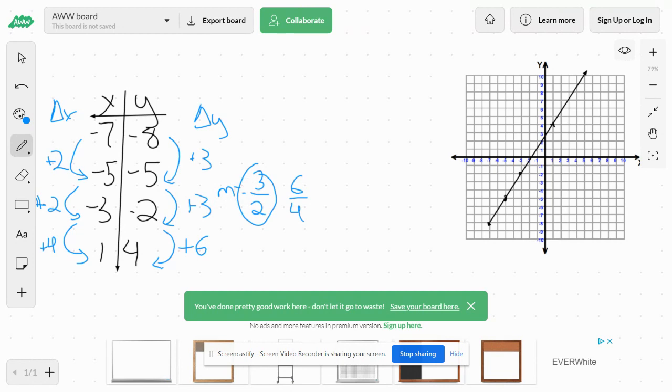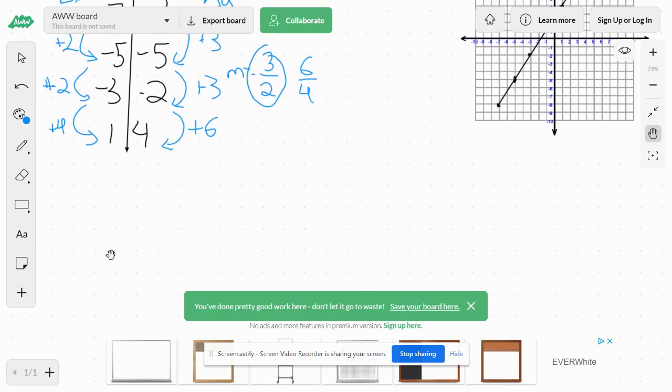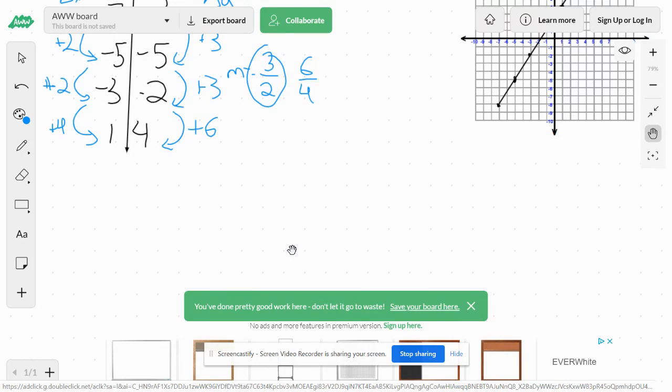They're both 3/2. So that right there is my slope. Now, so I have slope. I don't have y-intercept, but I need to write something in slope-intercept form. So what we learned the other day, we do have that point-slope form.